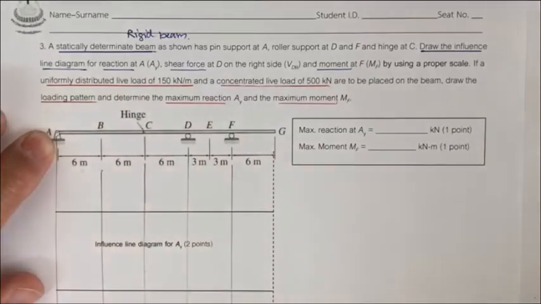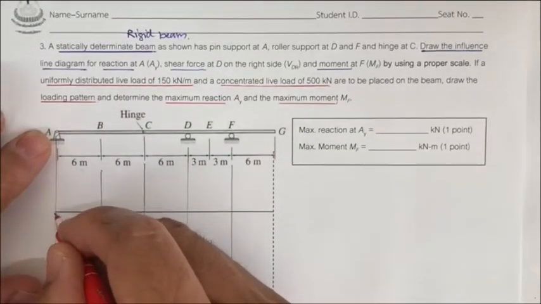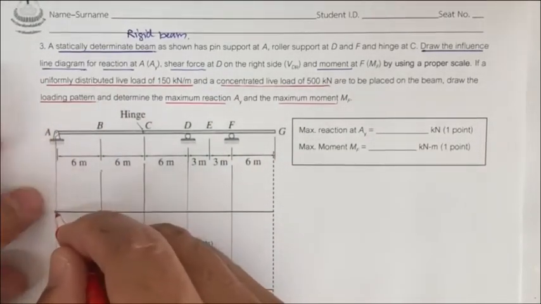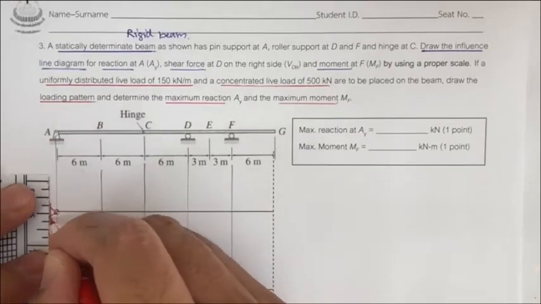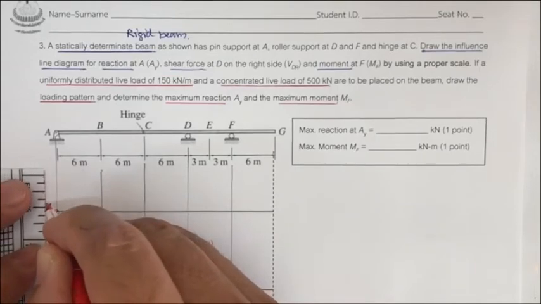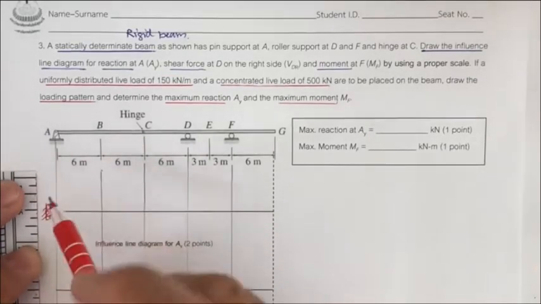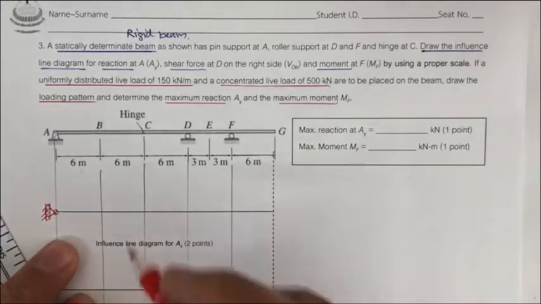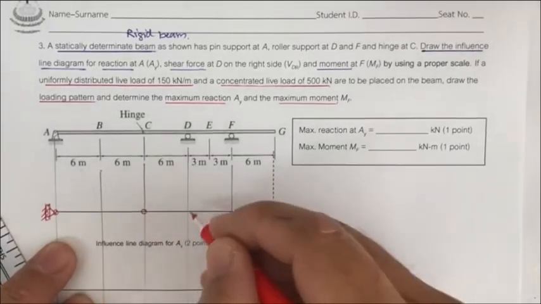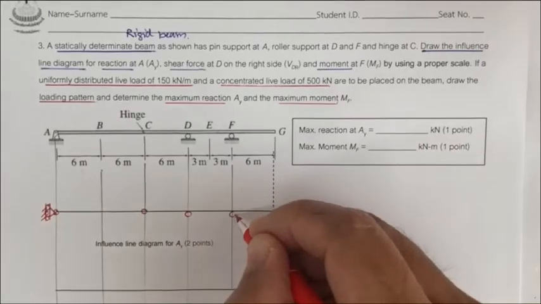Release A sub y. So for this beam, you have A sub x and A sub y. When you release only A sub y, there's still the reaction A sub x. So this pin changes to this roller. Okay, and then the pin is still there, and the roller, and the roller.